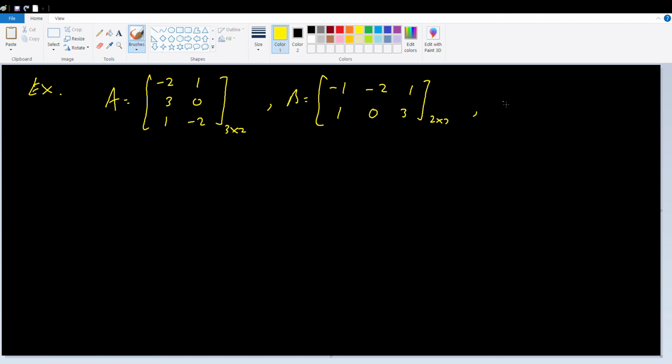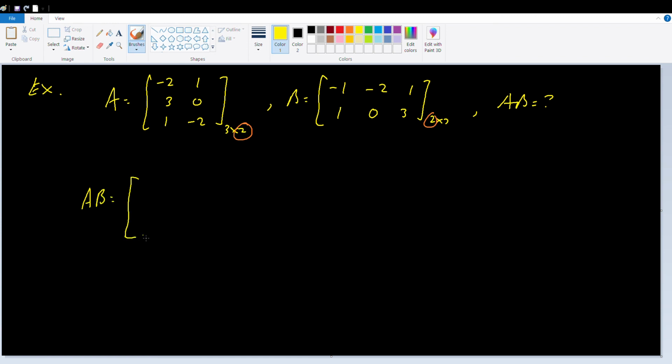So we determine the product AB. Let us see if it satisfies the requirement: 3 by 2 and 2 by 3. So that means that the product AB is defined.